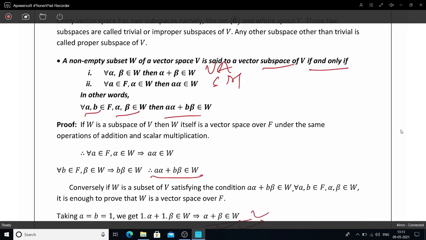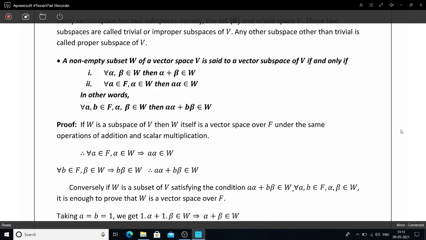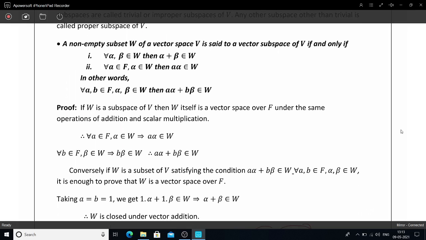Let me prove this beautiful theorem. If W is a subspace, then we have to show that this condition is satisfied. If it is a subspace, 100% it is a vector space.